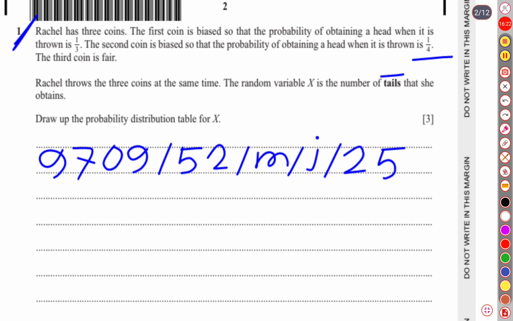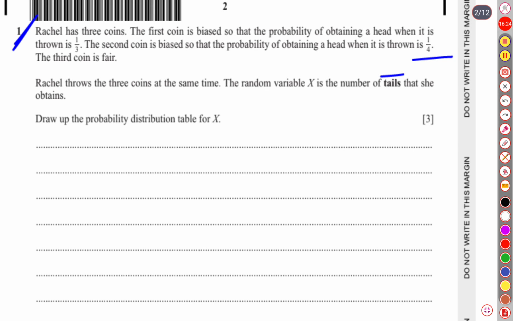Let me erase this unnecessary writing. Let us write the individual probability of each of the coins. For obtaining a head, the probabilities are 1/3 for the first coin, 1/4 for the second coin, and for the third coin, it is fair, so it will be half.